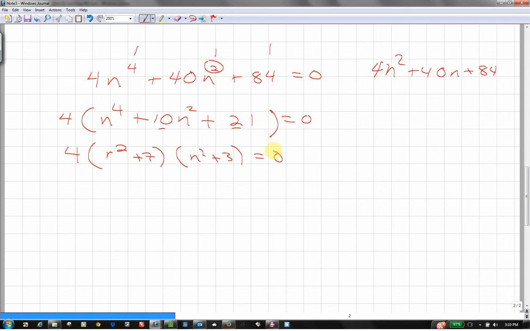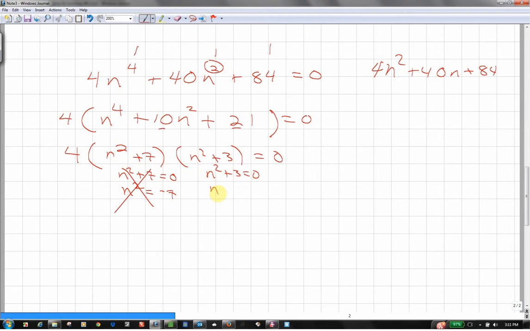So now I have to find the values that make these go to 0. For the n squared plus 7, n squared plus 7 is equal to 0, so n squared is equal to negative 7. We can see right there that that's going to be an imaginary number, so there are no real solutions on that part. For the other part, n squared plus 3 equal to 0.